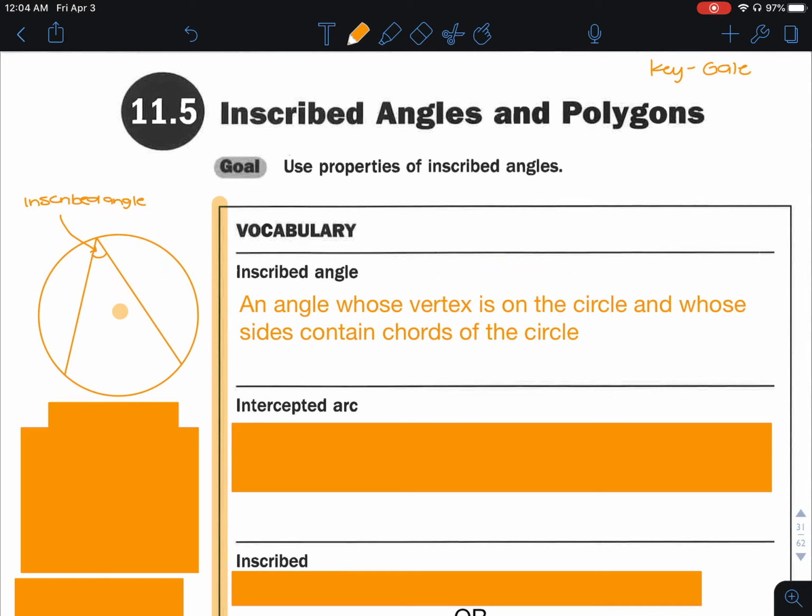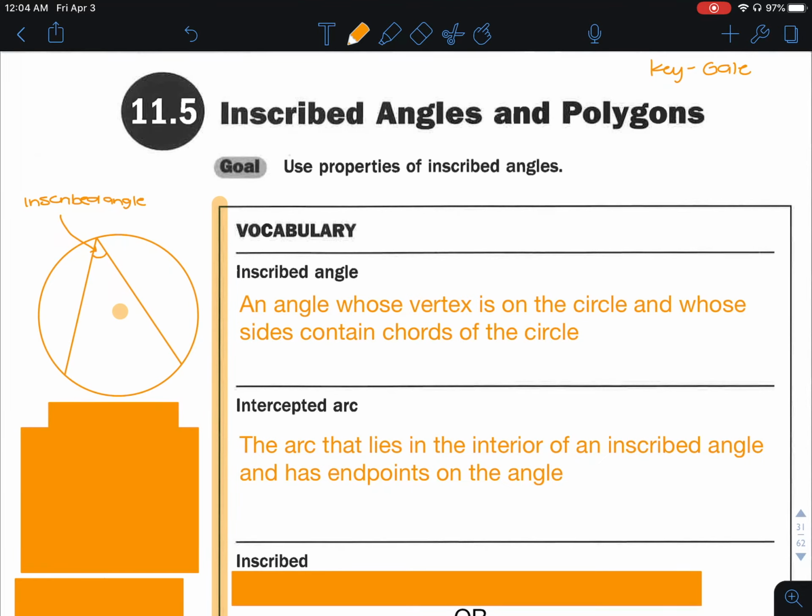Okay, let's talk about intercepted arc. So an intercepted arc is an arc that lies on the interior of an inscribed angle and has endpoints on the angle. Okay, that's a whole bunch of words. Let's talk about the picture. Pictures make more sense typically. So in my picture, I'm going to use the same picture that I have here. We know arcs to be a part of the circle.